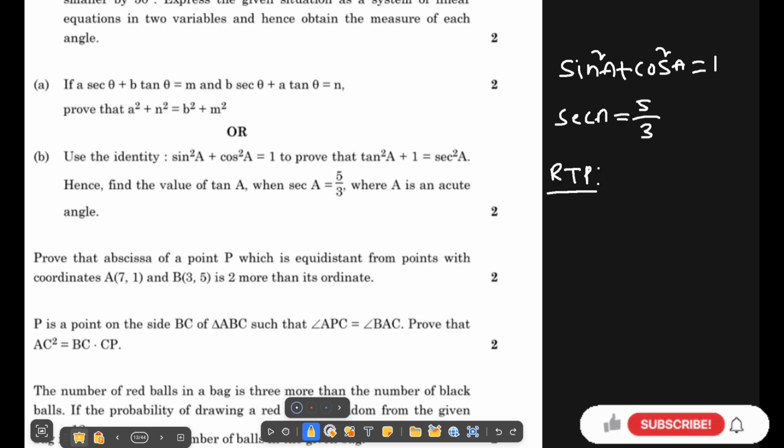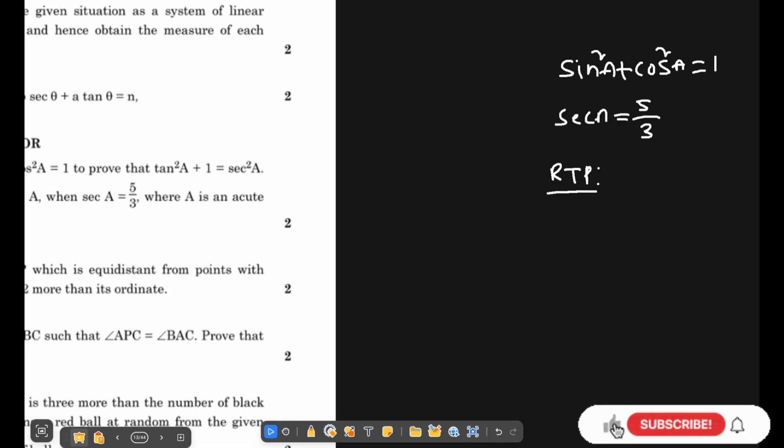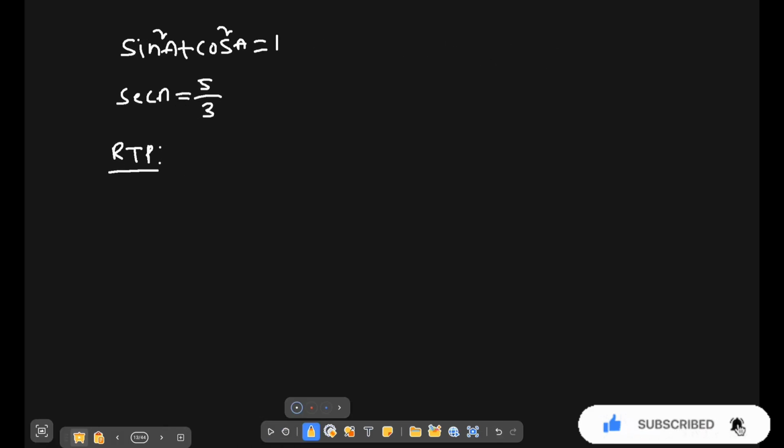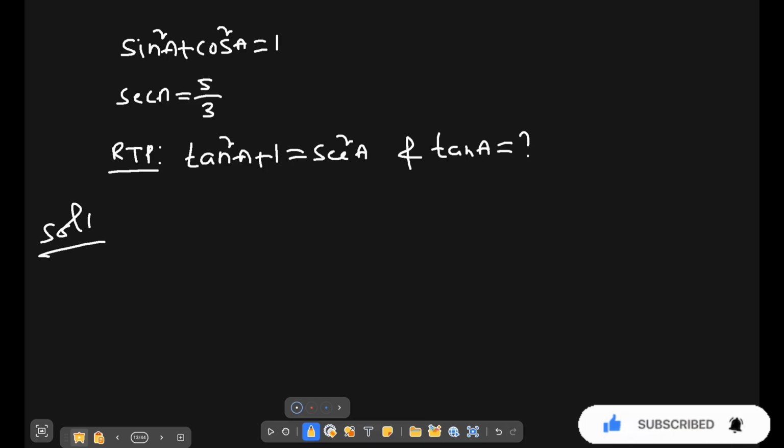We have to prove that tan square a plus 1 is equal to sec square a. Also we have to find the tan a value.